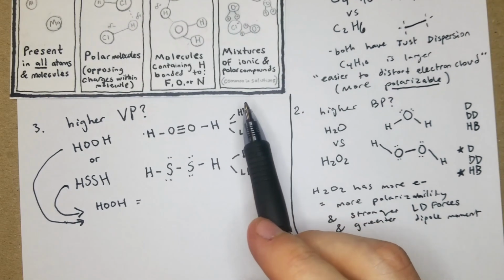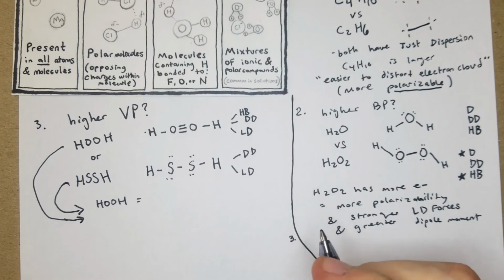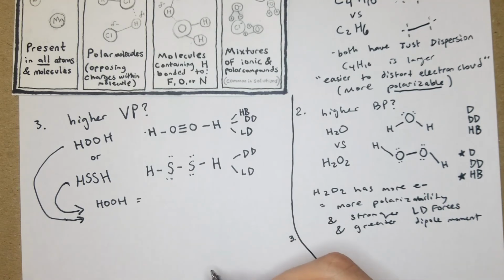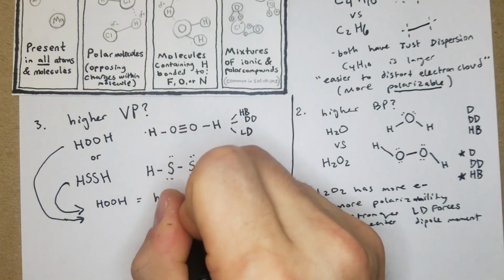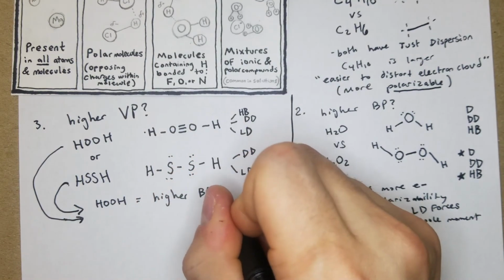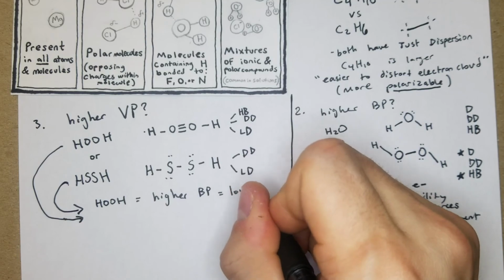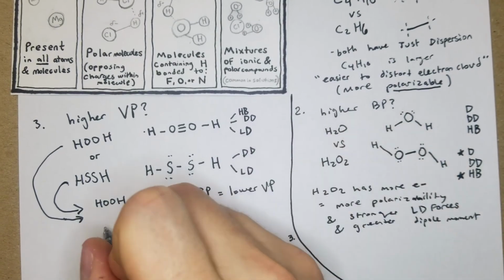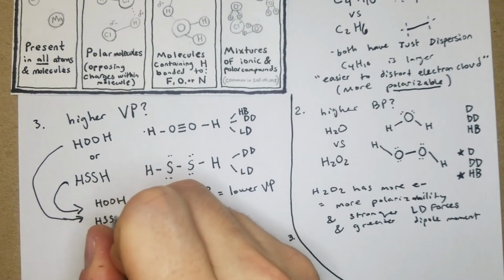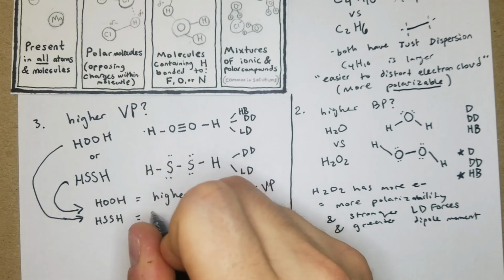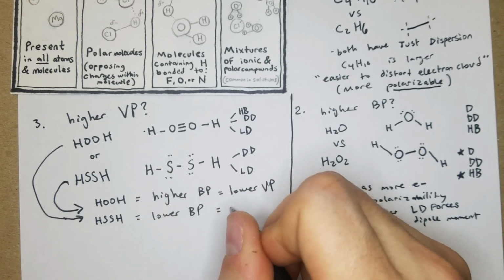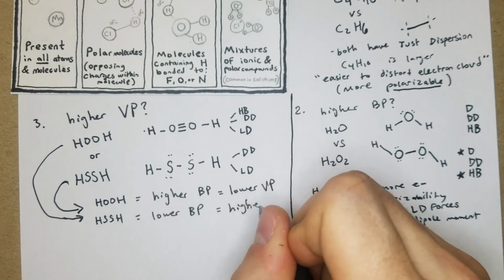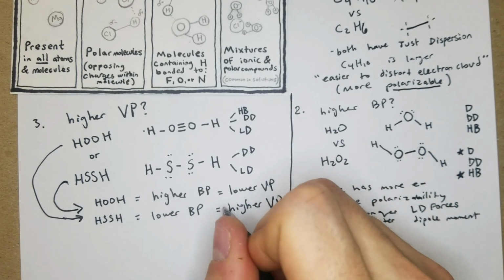Those are the main lines when you're making a written explanation. So it'll have the higher boiling point, which means it has the lower vapor pressure. For HSSH, we're going to have the lower boiling point but the higher vapor pressure. So that's going to be our answer.